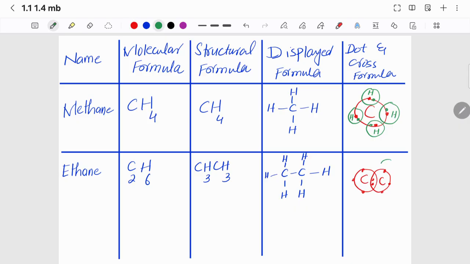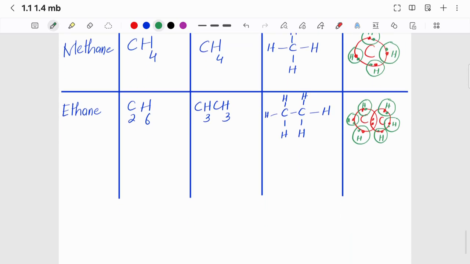So these 3 electrons of each carbon atom will form a covalent bond with 3 hydrogen atoms separately like this. Let's make these lines a bit longer.